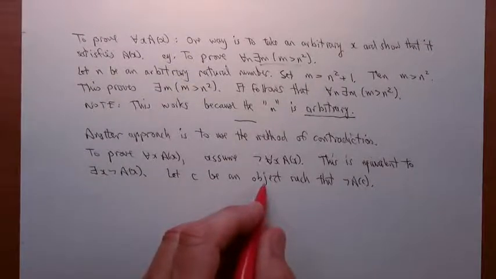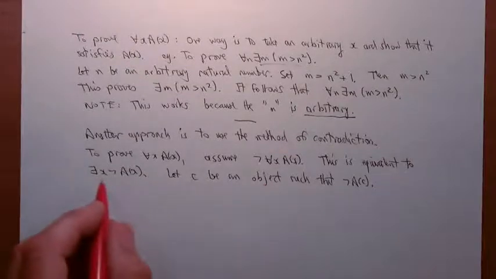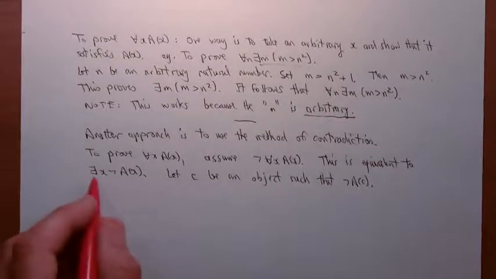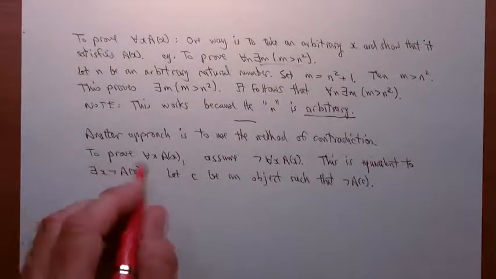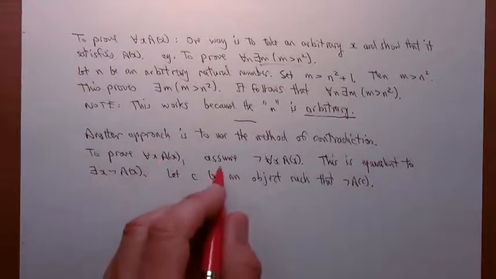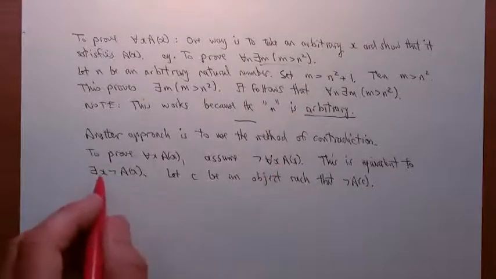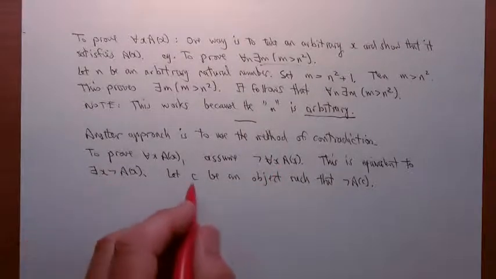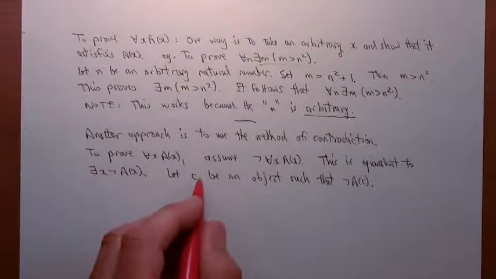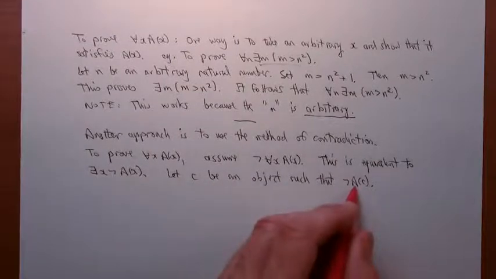It's a specific object, admittedly an object whose identity we may not know, that is guaranteed to exist by this. The point is to prove this universal statement, we began by assuming its negation. Its negation gives us an existential statement, and that tells us that there will be some object, a specific object, for which not A of c.